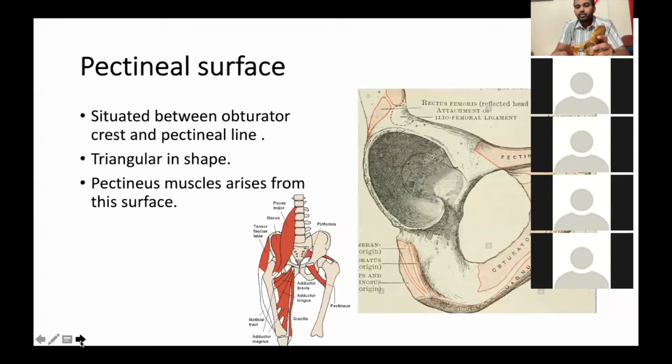Okay, now we have three surfaces also. So what are the three surfaces? Number one is the pectineal surface. This pectineal surface is situated between the obturator crest and the pectineal line. Now everybody, I am making it very clear. This is the pectineal line.